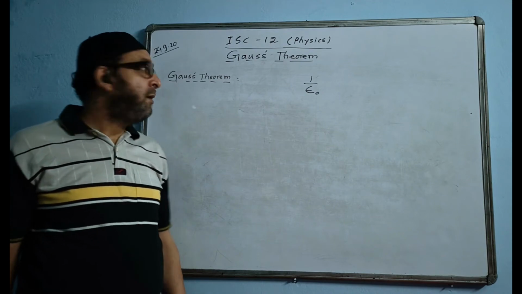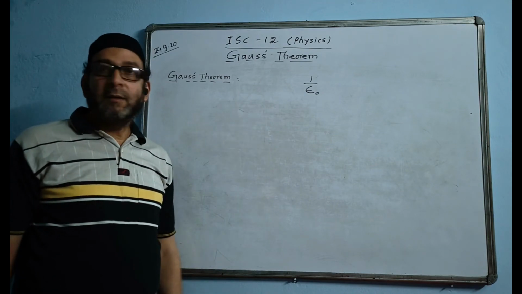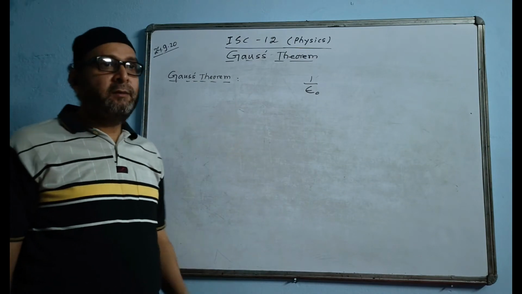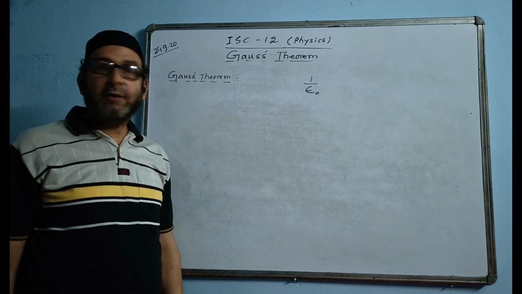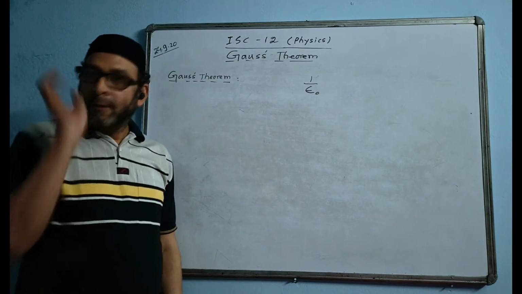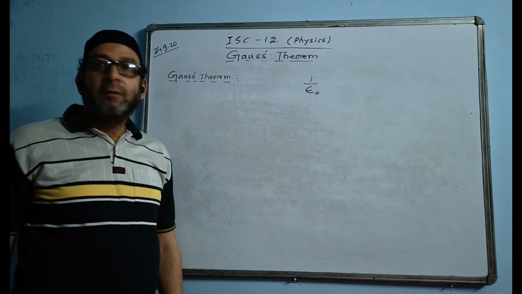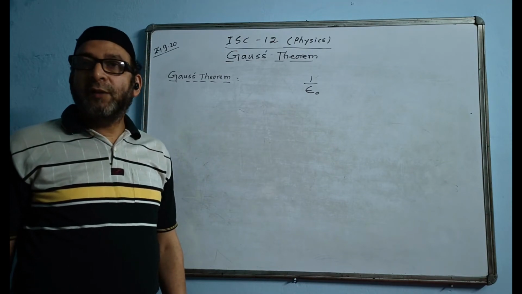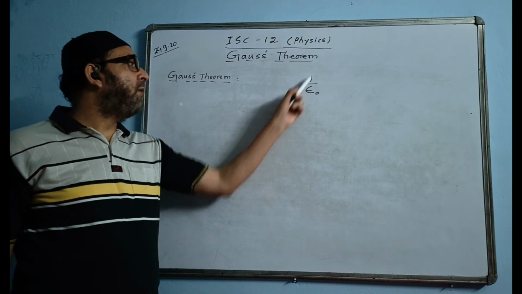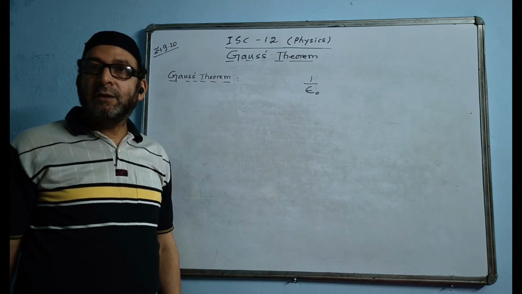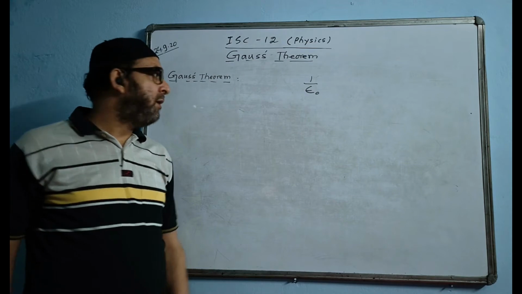Once again I repeat, it states that the net electric flux, you can add the word electric, you write electric flux because it's all about electricity. The net electric flux of a closed surface is equal to 1 by epsilon naught times the net charge enclosed by the surface.